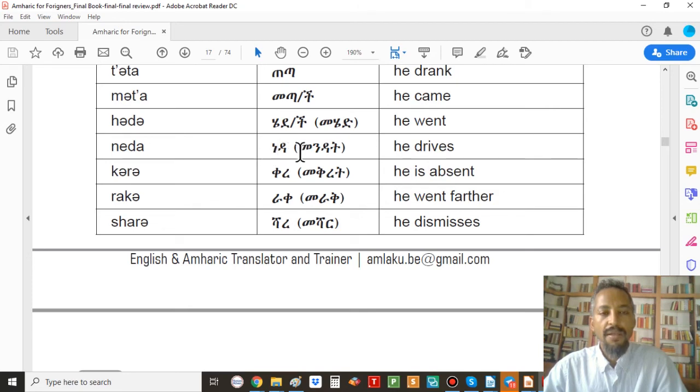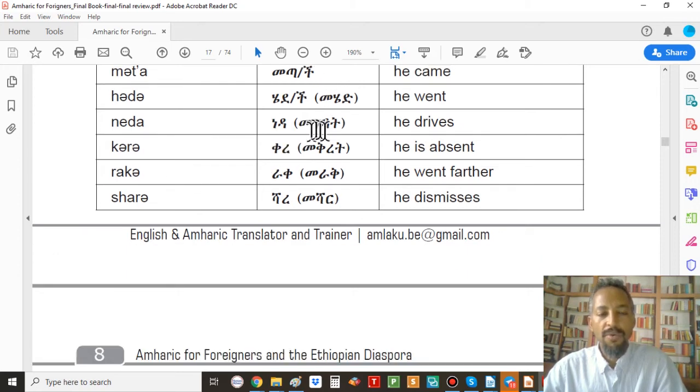The ሄደ is from the verb መሄድ, and ነዳ is from the verb መንዳት, and meta here is from the verb መምጣት, and tata up here is from the verb to drink, መጠጣት.